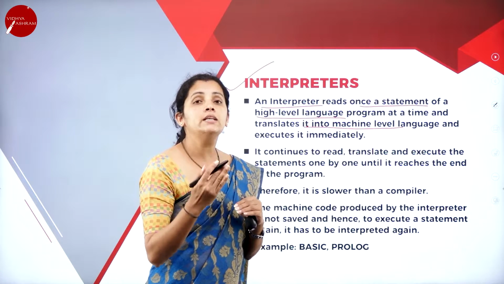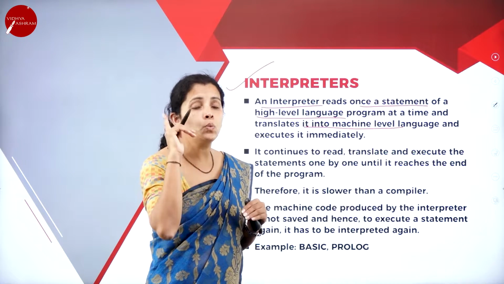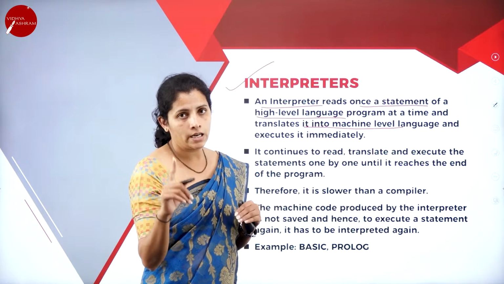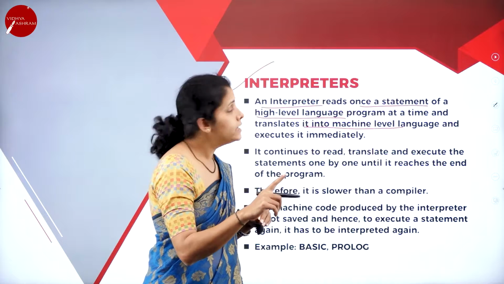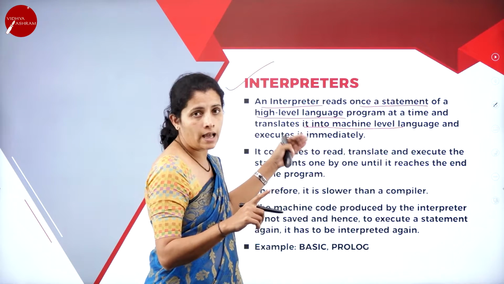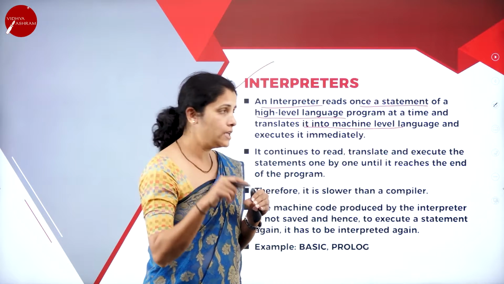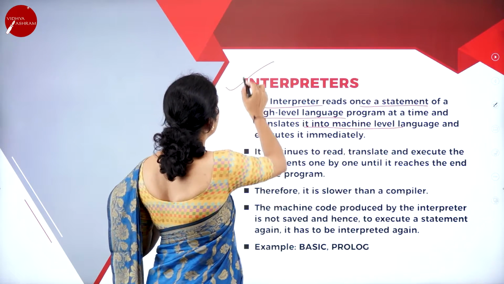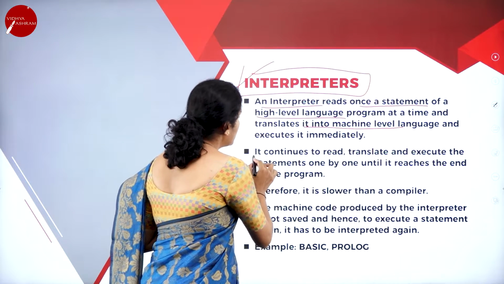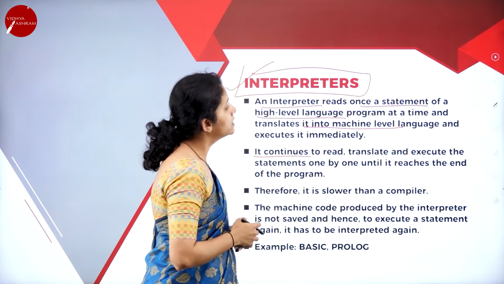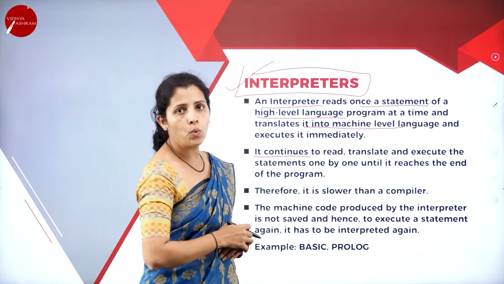It is going to interpret one line at a time. After the completion of that line, it's going to take another line, translate that line to machine code and execute. This is the way the interpreter is going to work.